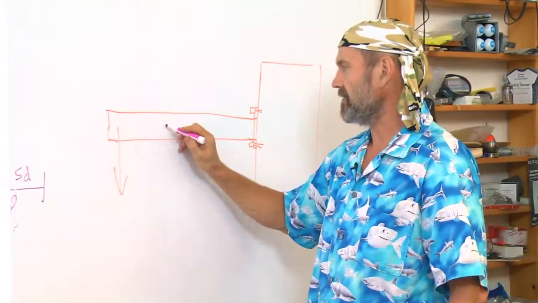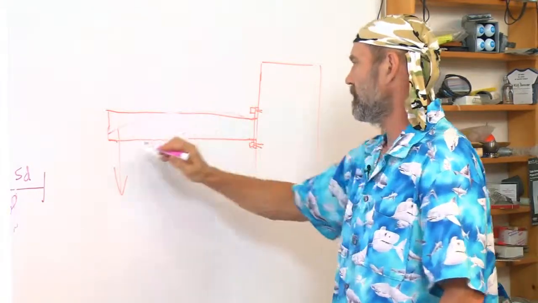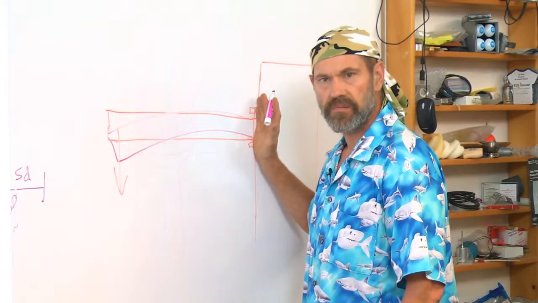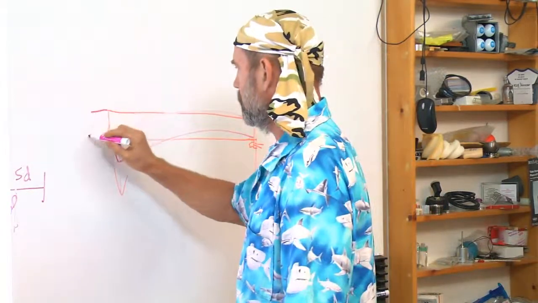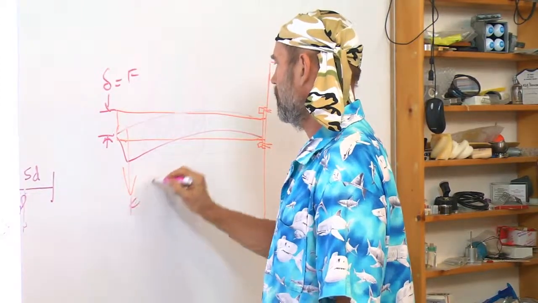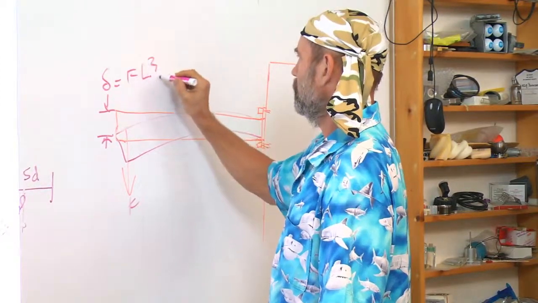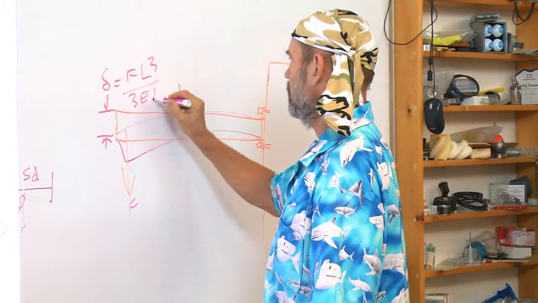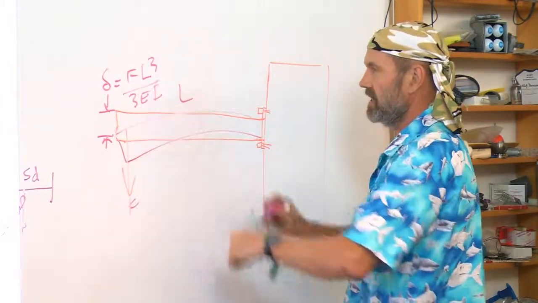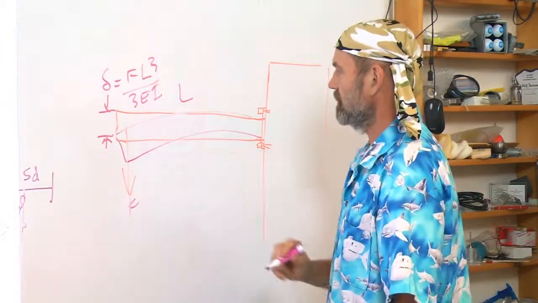Well, I'm going to have the deflection of the beam, assuming it was rigidly anchored at the wall. So this is your deflection equals FL cubed over 3EI, E being the modulus of elasticity of the beam material, and I being the moment of inertia for the cross section of the beam.